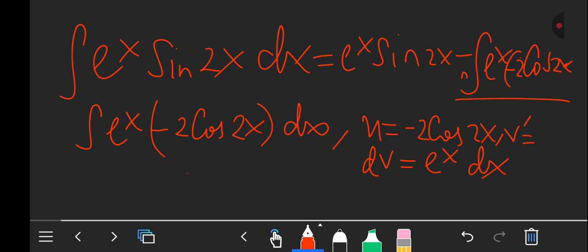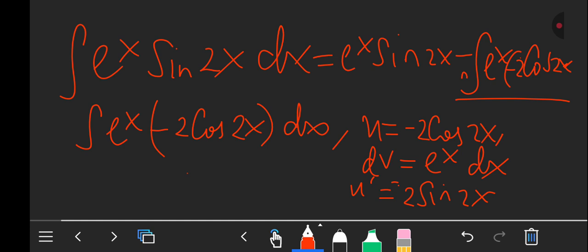My u prime will be the derivative of negative 2 cos 2x. So let me write it here. The derivative of cos is negative sine, so it will be sine 2x with a 2 like that. Then I have minus a negative.